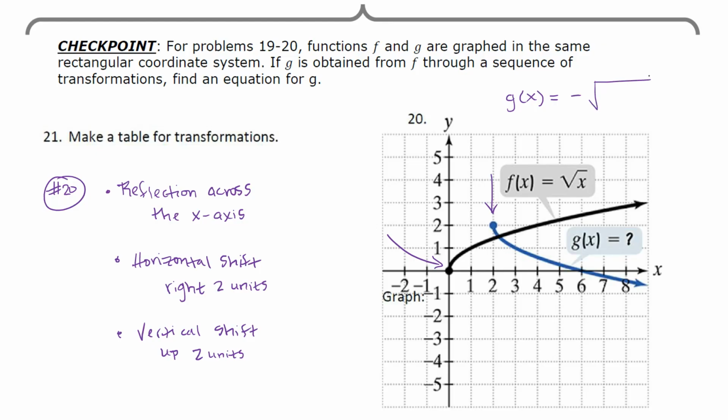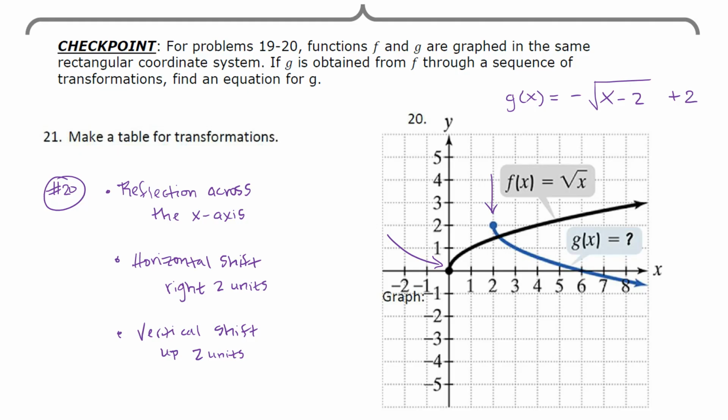Now we have a horizontal shift. Horizontal shift affects the variable. So that's within the square root itself. And we have a horizontal shift of 2 units to the right, so in our function, it's going to be the opposite sign, so that would be -2. And then we have a vertical shift that affects the y, so that's on the outside of our parent function, so that would be a +2.